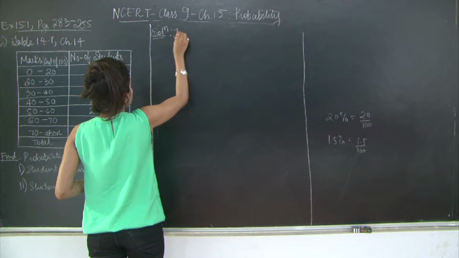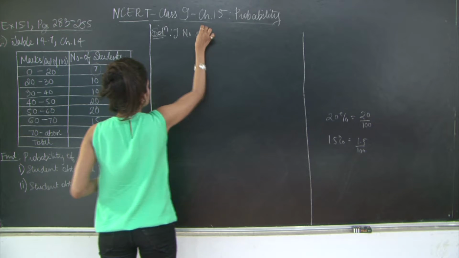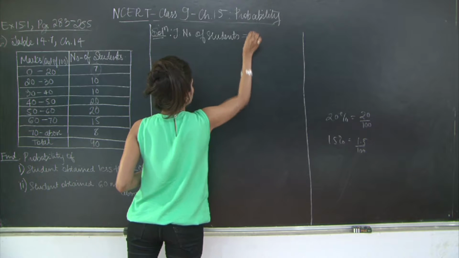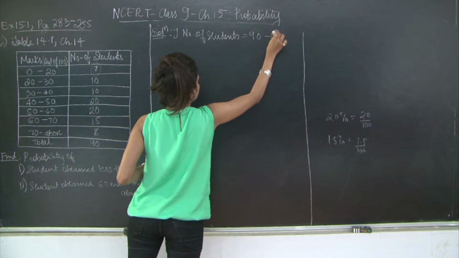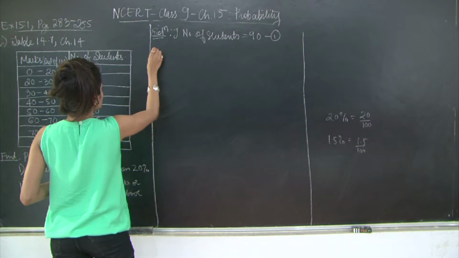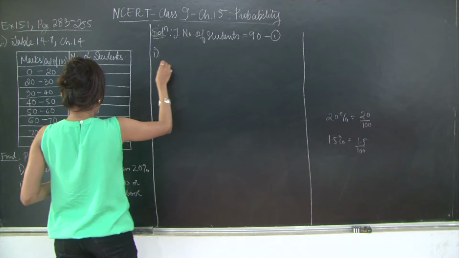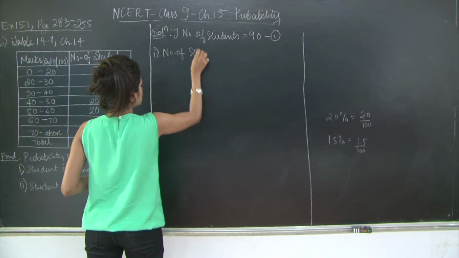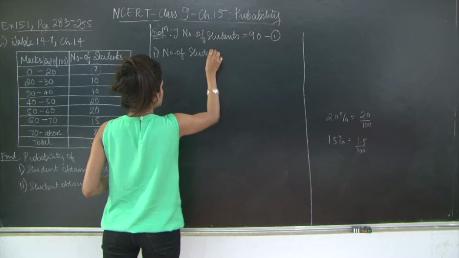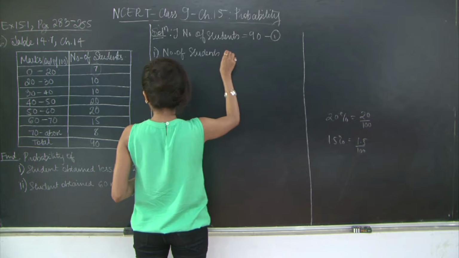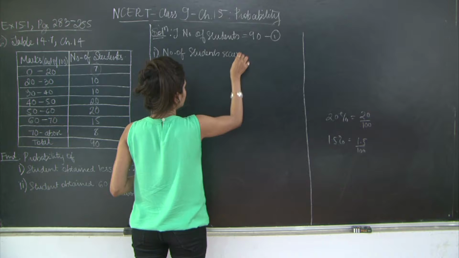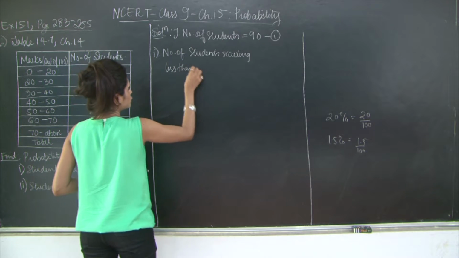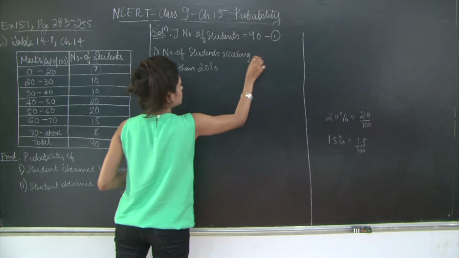So I'll say total number of students is equal to 90, and I will mark this as 1. For the first sub question, number of students securing less than 20% is equal to 7.